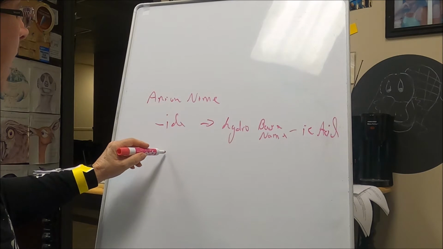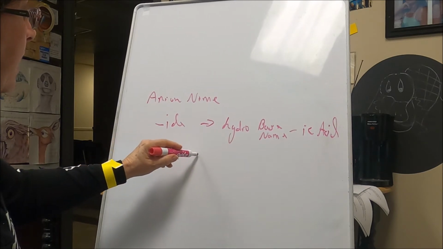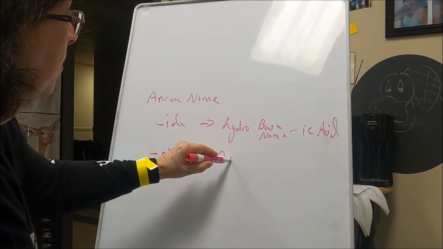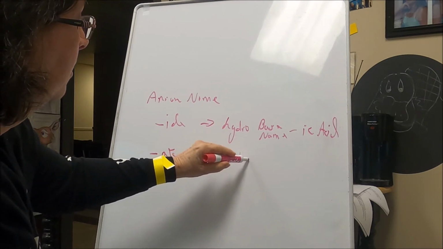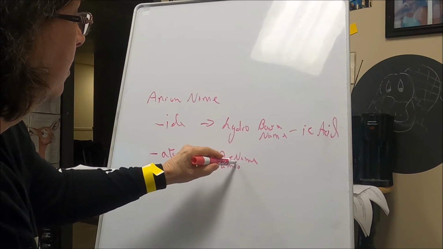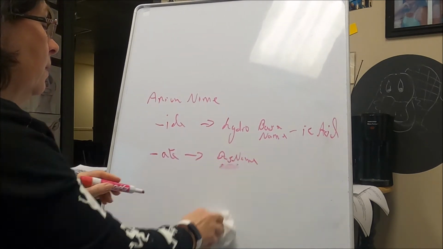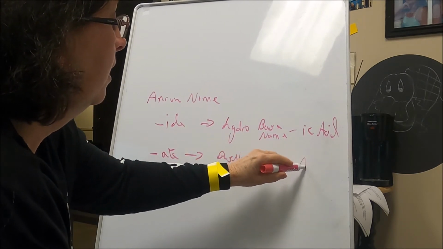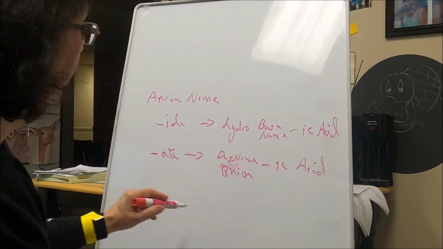If the anion name ends in ate, we're just going to go base name of anion and then ic and then the word acid.